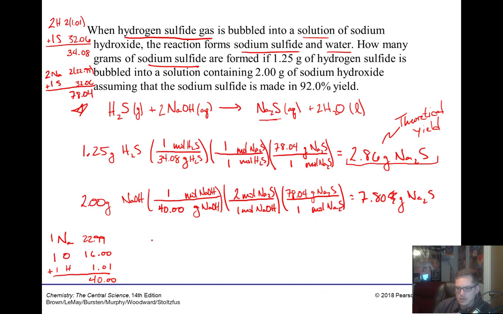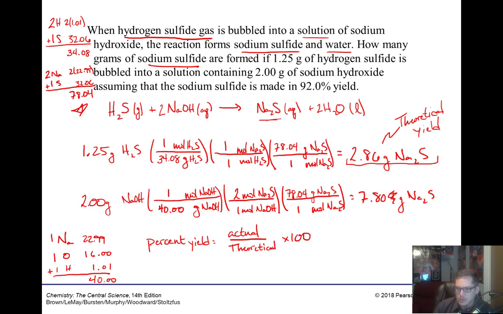Now our percent yield. Remember, we want to find out how much we're actually going to form. So our percent yield is equal to the actual yield divided by the theoretical yield, times 100.